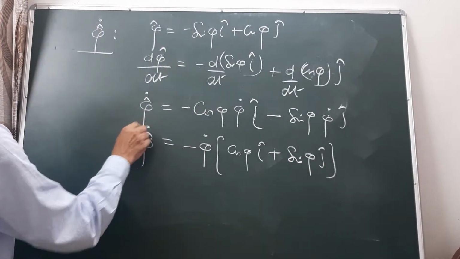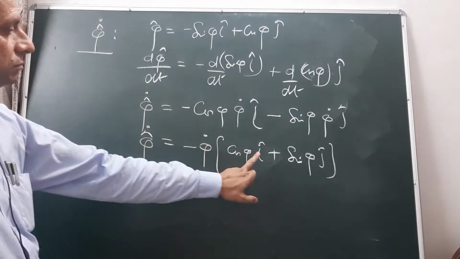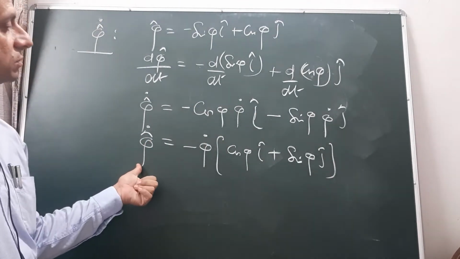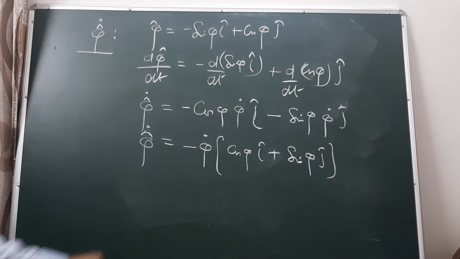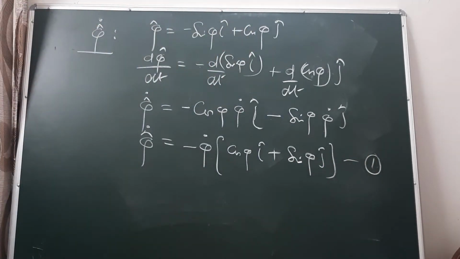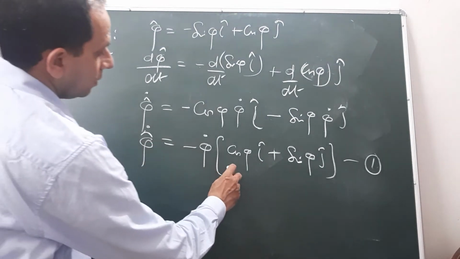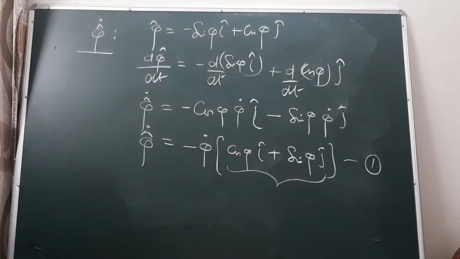This is phi cap dot, but the value we used is in terms of r cap and theta cap, while this value is in terms of i cap and j cap. So, we have to convert i cap and j cap into r cap and theta cap. Put the number 1 for this equation, and we will solve for cos phi i and sin phi j in terms of r cap and theta cap.